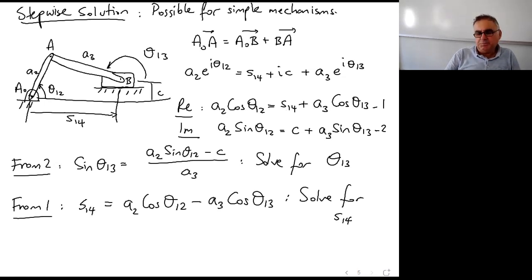You can easily program this on a computer or a calculator or Excel or something, with which you can obtain the values of theta 1,3 and S14 for all possible values of theta 1,2, for example, given the parameters.